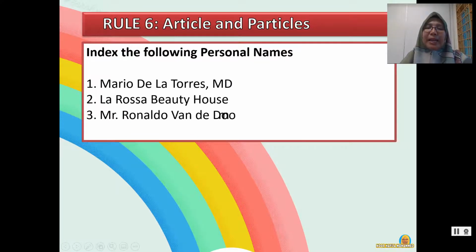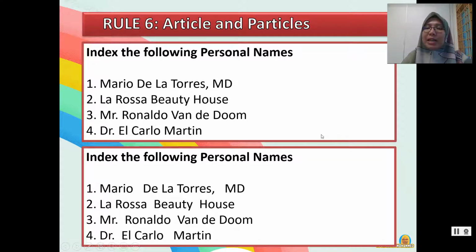These are examples for the personal name. You can see there are articles and particles here: Della, La, Van, and also El. When we have these, you need to close up, so it will be one filing unit.